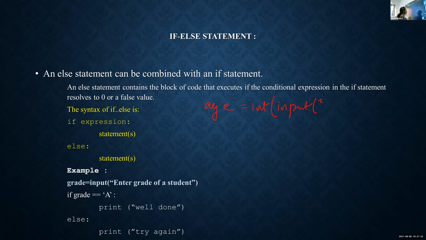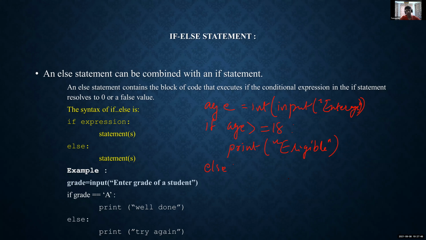Then after that, if age greater than or equal to 18, then colon, print eligible. Else colon, and print not eligible. Okay, good.